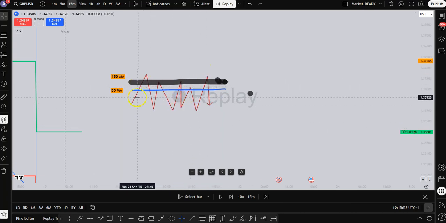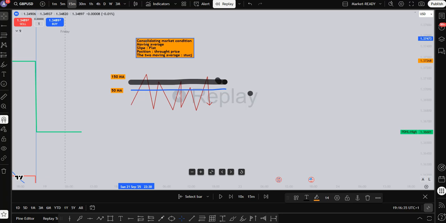So most of you know that when the price is consolidating, in this market condition, the moving average slope is flat and its position is through price, and the two moving averages are stuck together.